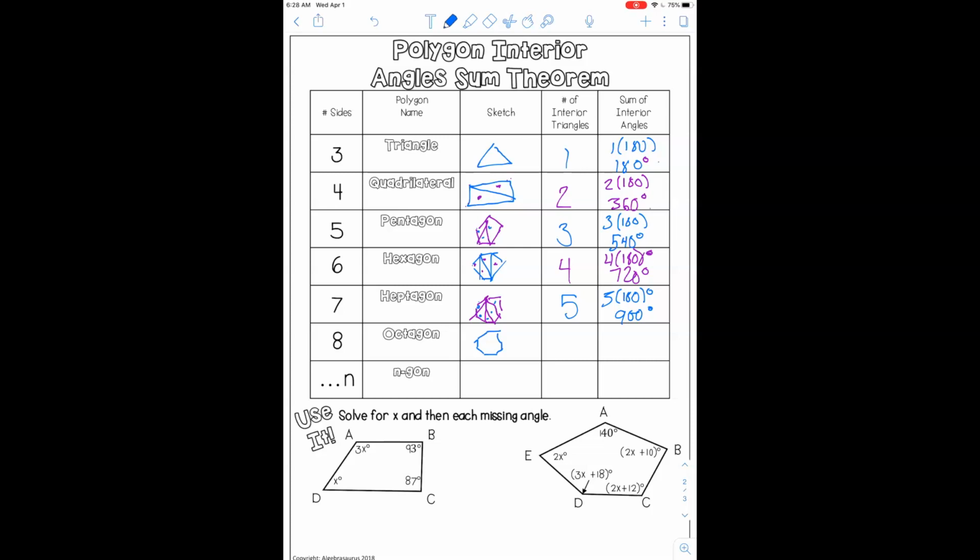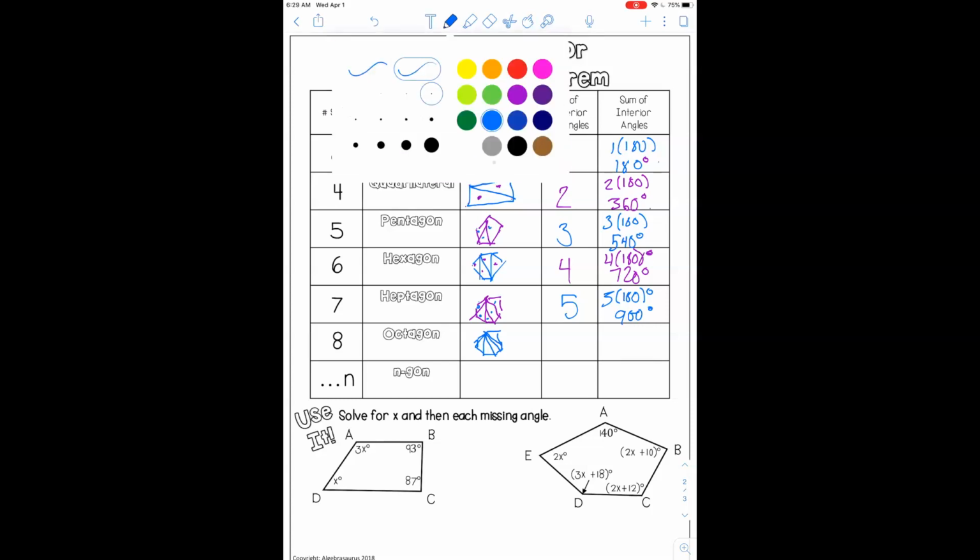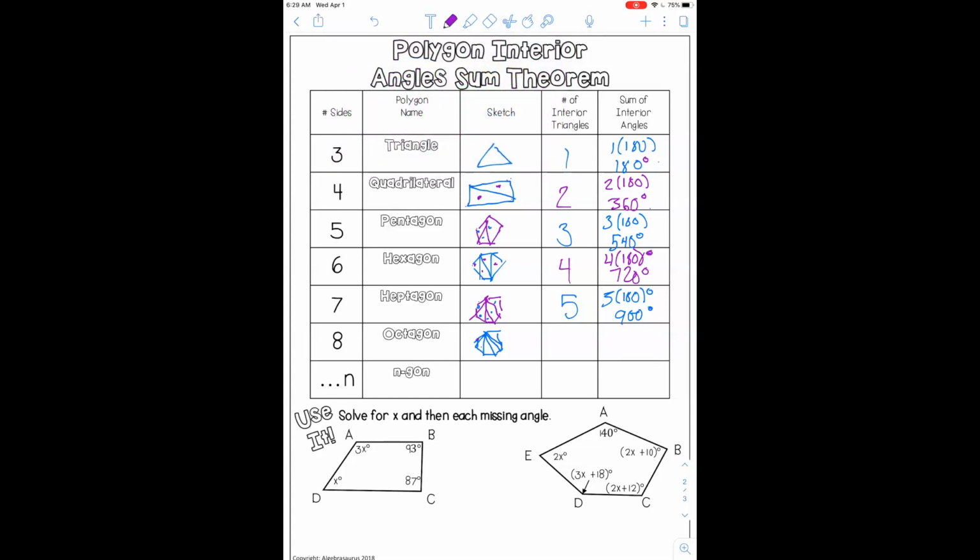And if you connect your dots in your octagon, we have 1, 2, 3, 4, 5, 6 triangles inside of an octagon. So we take 6 times 180 degrees and we get 1080 degrees inside of an octagon.